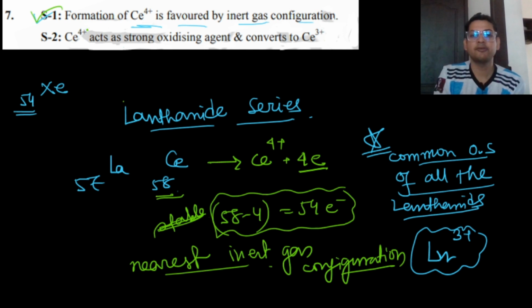Now they are saying cerium 4+ acts as a strong oxidizing agent and converts to cerium 3+. Let's see what I can do about this. So first of all we have to understand what is an oxidizing agent. Sir, oxidizing agent means it will oxidize others.